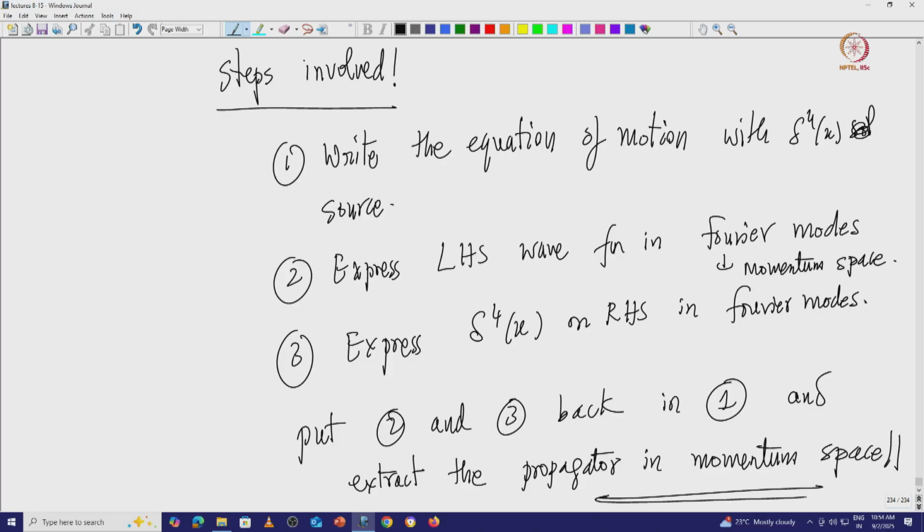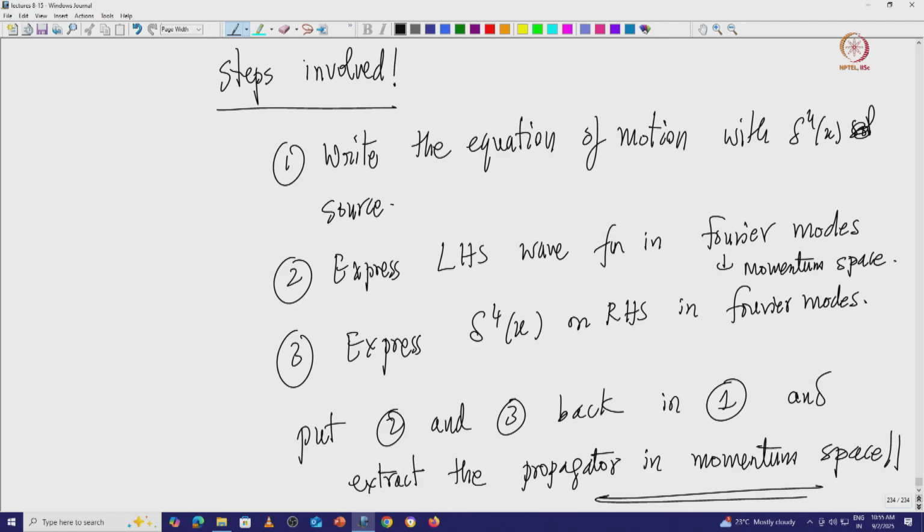Now, this is a general method for deriving a propagator essentially, using Green's functions methods. This is not covered in any of the QFT courses. That is the reason why I wanted to have a special course on this, because these things are not covered in many regular quantum field theory courses.